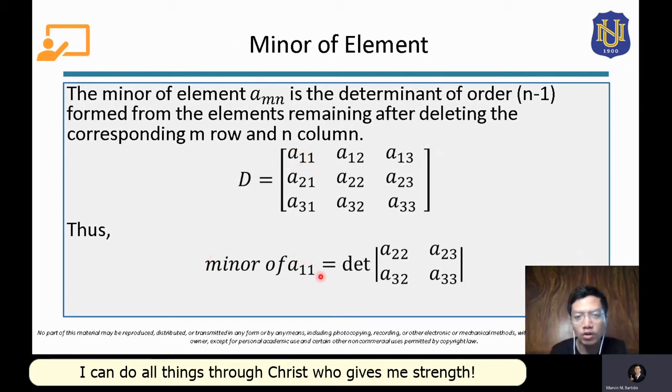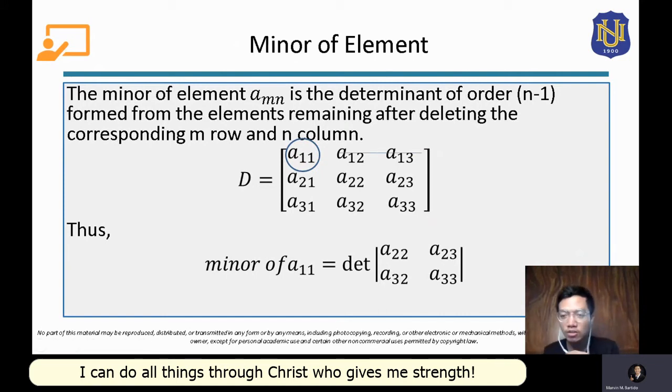If we are going to solve for the minor of A11, our rule is just to delete the row and the column where this A11 is located. In this case, the row where A11 is located is the first row, so we are going to delete the first row.